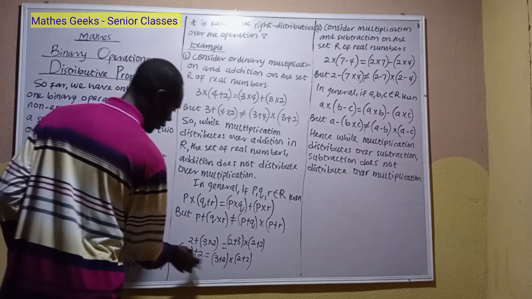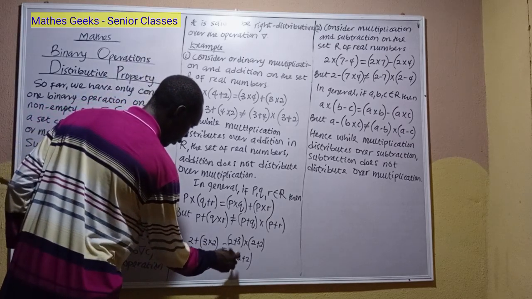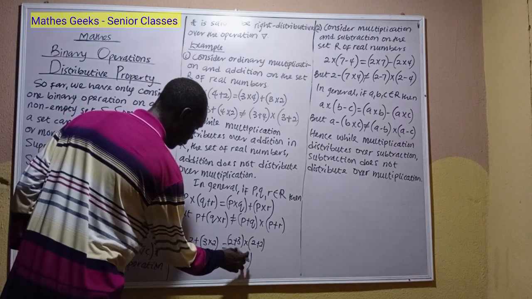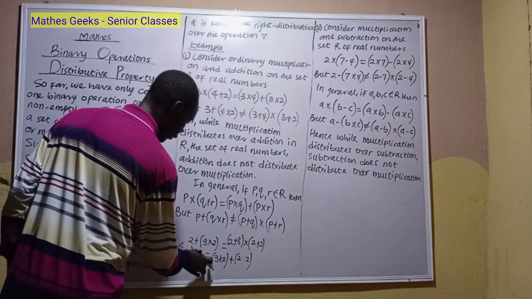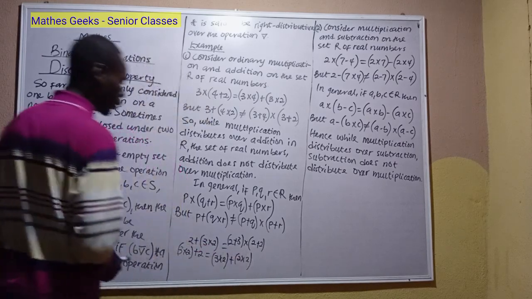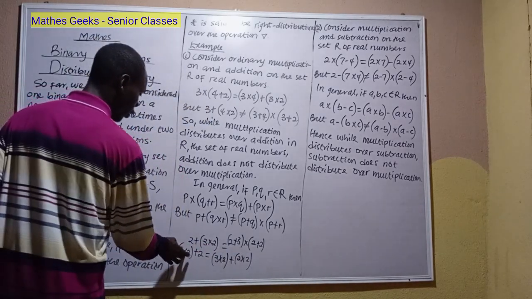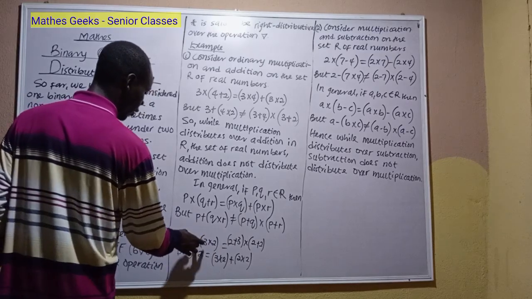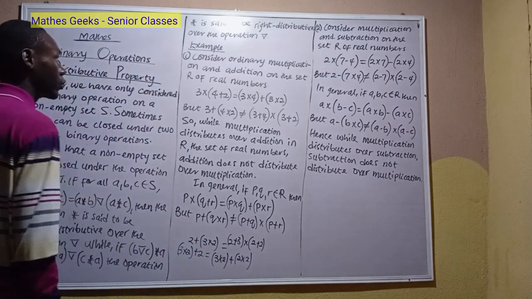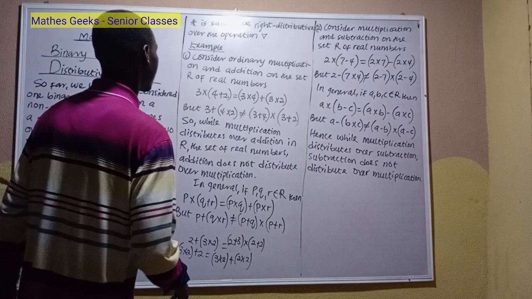So this will give us 3 times 2 plus 2 times 2. So that's the implication. So let's move on. Let's look at our example.